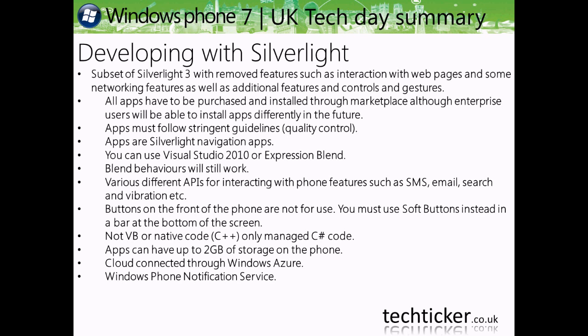One thing that has come out from the Tech Day today is that all apps have to be purchased and installed through the marketplace. However, for custom enterprise users, for their in-house business applications, Microsoft has hinted that in future versions of Windows Phone they are thinking of a solution to allow business users to install their enterprise applications for their organization.